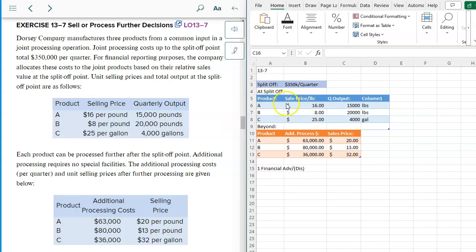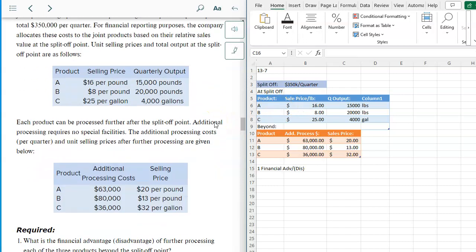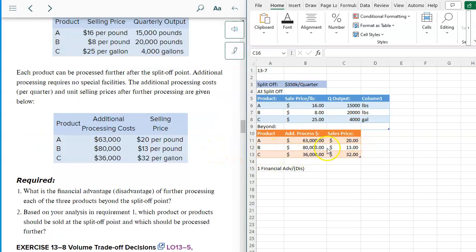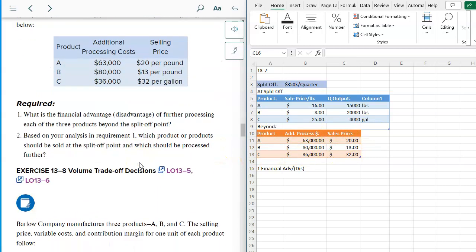So over here in the spreadsheet, I've just moved the tables that the textbook provided us, and just kind of general information: price per pound, quarterly output up to that split-off point, and then down here in the orange we have the additional processing costs and sales price for each product should we choose to process them beyond the split-off point. And again, this is all quarterly information, straight out of the book.